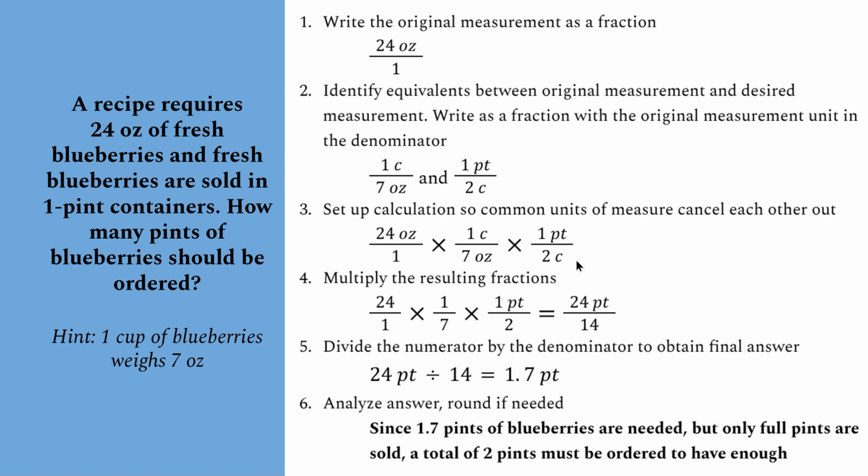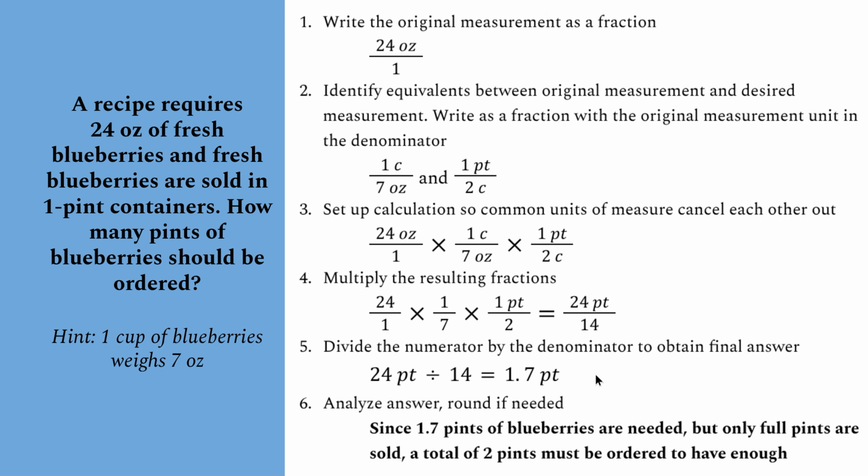So that's going next to each other to, again, cancel those units out. So in the end, I am left with 24 over 1 multiplied by 1 over 7, because those units of measure were canceled out, multiplied by 1 pint over 2. And then just following that across, I get 24 pints divided by 14.